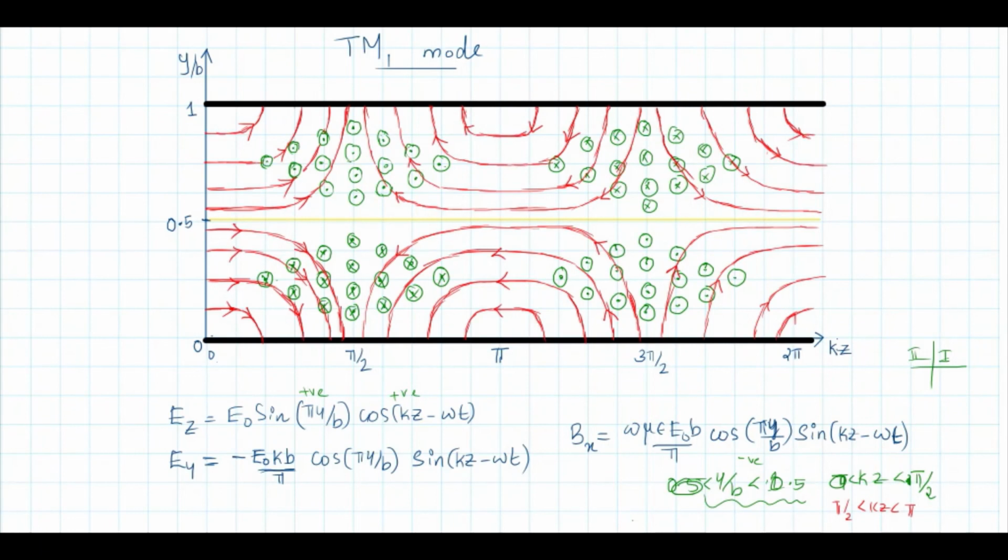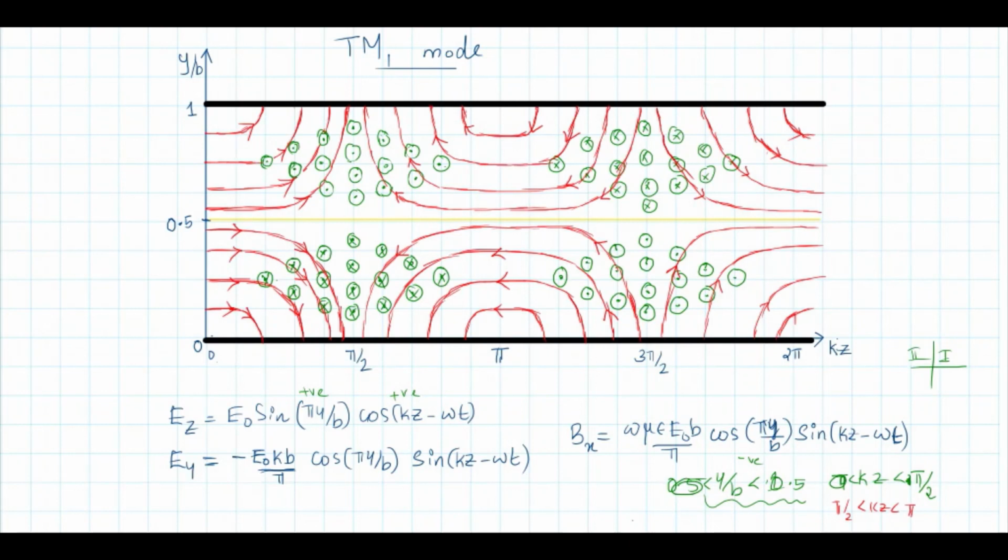So both these terms are positive, but due to this negative sign, Ey is negative. So from 0 to pi by 2 and 0 to 0.5, the y component of electric field is downward. That is why these arrows are in the downward direction.